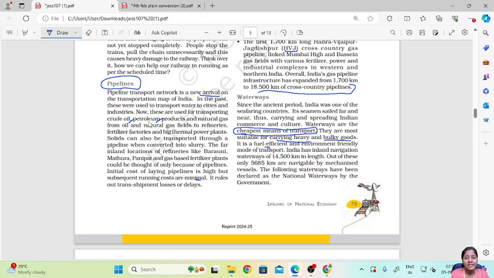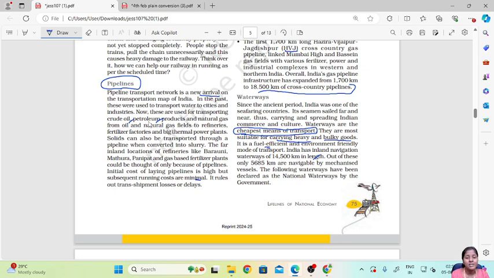India has inland navigation waterways of 14,500 km in length. Out of this, only 5,685 km are navigable by mechanized vessels, that is ships.